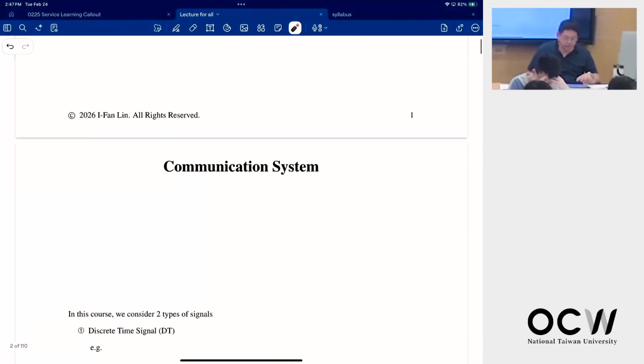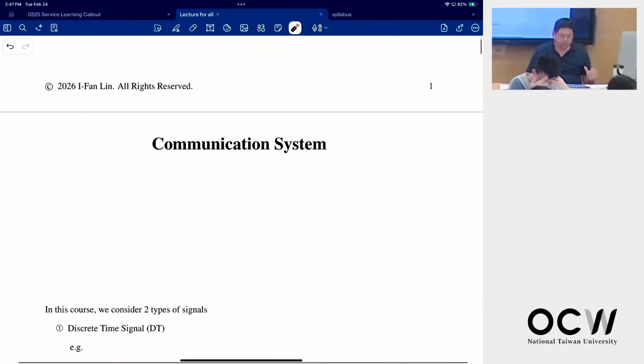Next, let's see what a communication system is. In the communication system, I may receive a signal. We may say that this is like a message. Then this message signal, I will send it to the system, and this system is kind of like a transmitter.